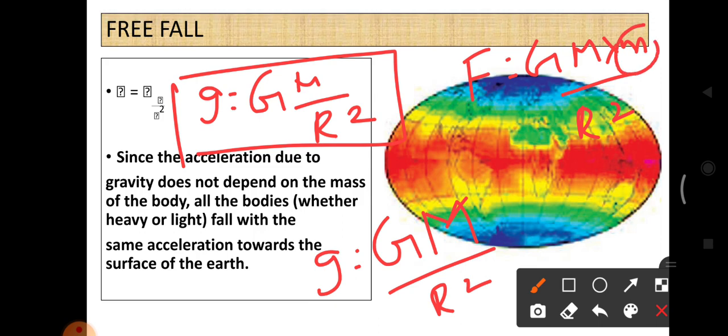Here the small letter m represents the object and the capital M is the mass of the earth. In this formula there is no mass of the object. The capital M represents the mass of the earth. So the acceleration due to gravity does not depend on the mass of the body. So all bodies accelerate towards the surface of the earth in the same way.